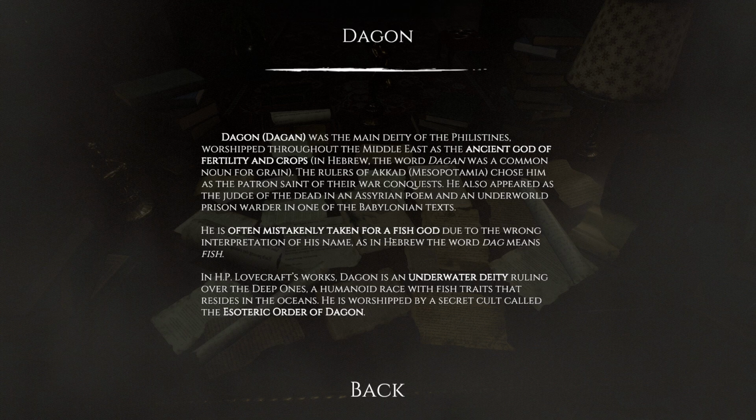Often mistakenly taken for fish god due to wrong interpretation of his name. As in Hebrew, the word Dag means fish. In H.P. Lovecraft's work, Dagon is an underwater deity ruling over the deep ones, a humanoid race with fish traits that reside in the oceans. Is worshipped by a secret cult called the Esoteric Order of Dagon.